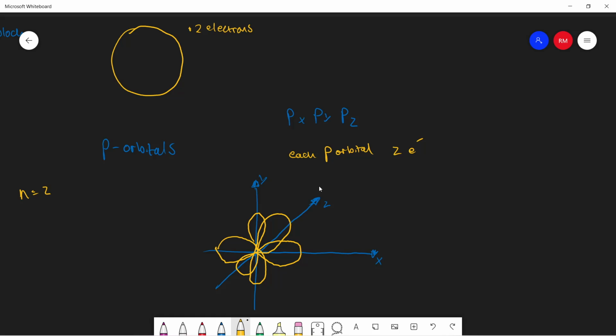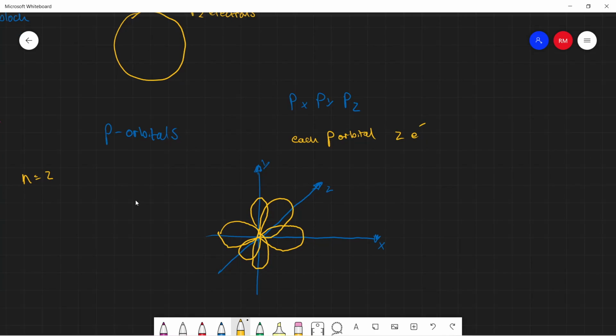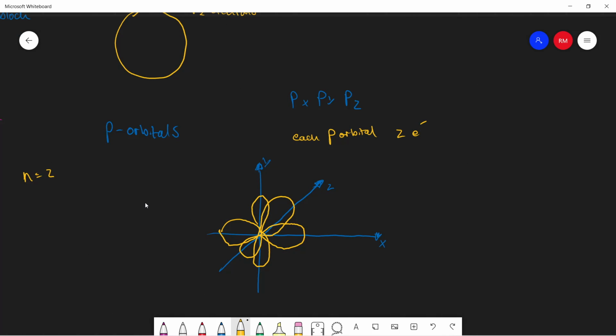That's an easier way of looking at it. So when we see an element with 2 shells or more, maybe they have 10 electrons. I mean, that's obviously neon.